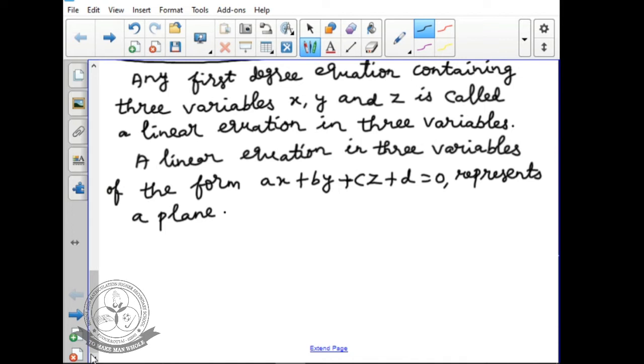But in this one we take three variables x, y and z, so this is called a linear equation in three variables.